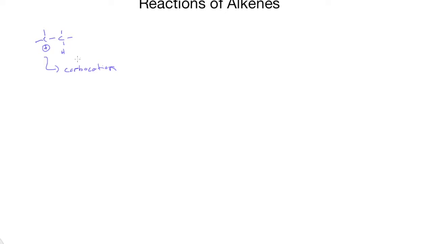And so this is going to form during these reactions. And so what we need to do is figure out whether it forms, does this carbon get the hydrogen, or does this carbon get the hydrogen, or does it even matter? And so it turns out that we have a rule that we can use to follow this, and this is what we call Markovnikov's rule.